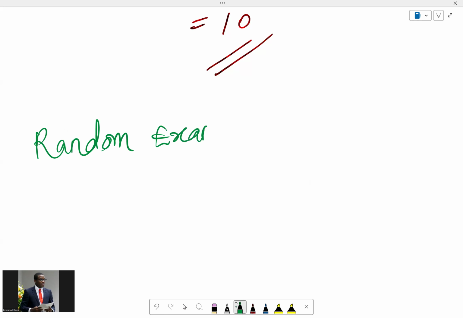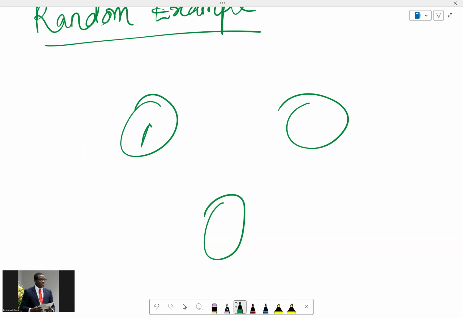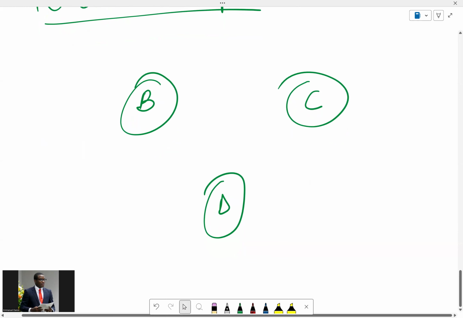I'll just draw any graph, okay? So imagine we just have A, B, C. Let's say there are 3 friends: Bose, Chioma, and Dunia. So these are 3 friends now.